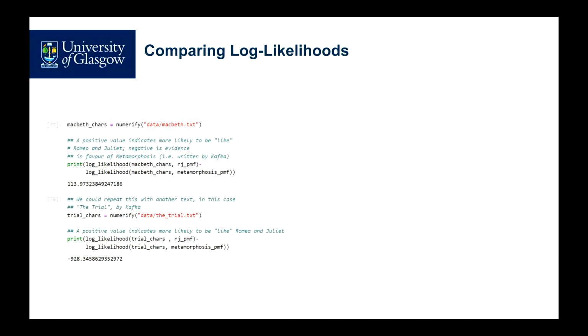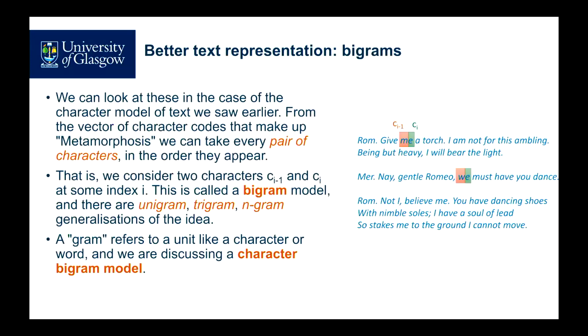But without going to all this complexity right now, we can already try to make things a little bit more sophisticated by looking at bigrams. And so the idea of bigrams is that we're going to do a little bit better than last time. Instead of looking at individual letters, we're going to look at pairs of letters that are following each other.